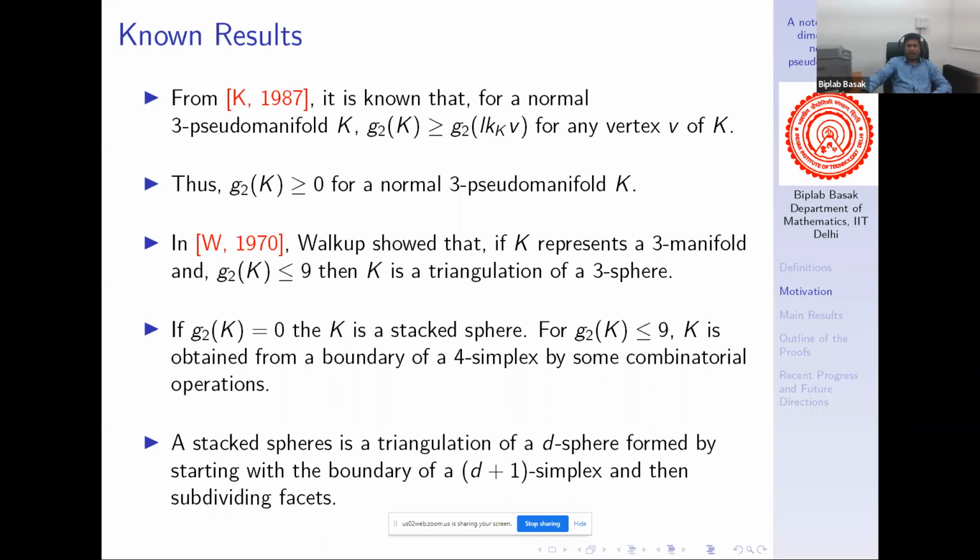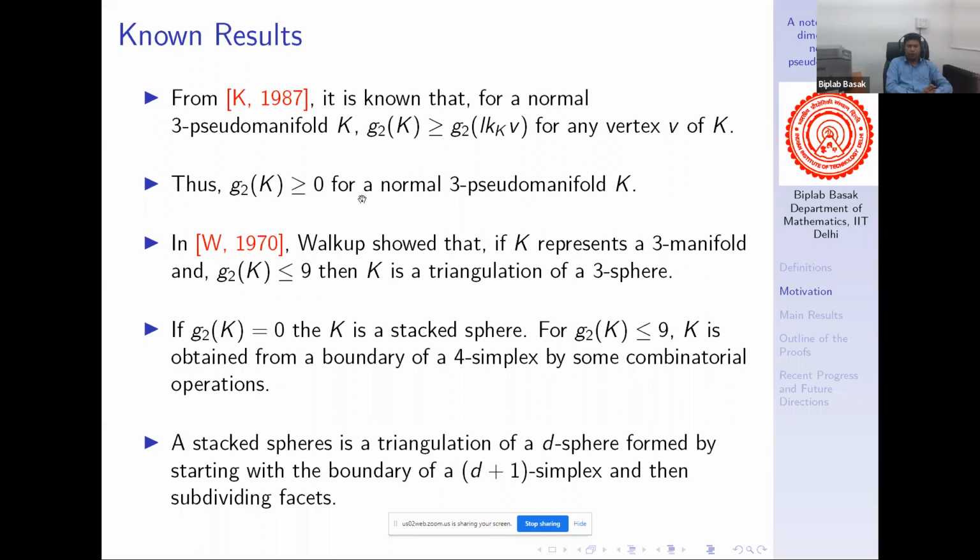And we have already seen that that term is always bigger or equal to 0, because it is a multiple of 3. That is 3 times B1 of that surface. Therefore, from this we can say that G2 of K is always bigger or equal to 0.